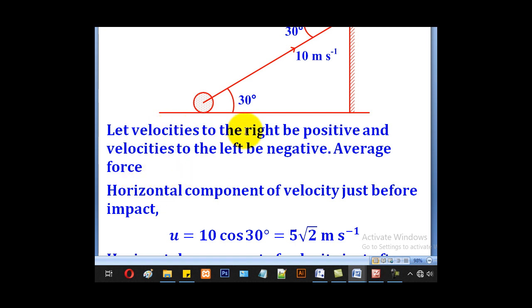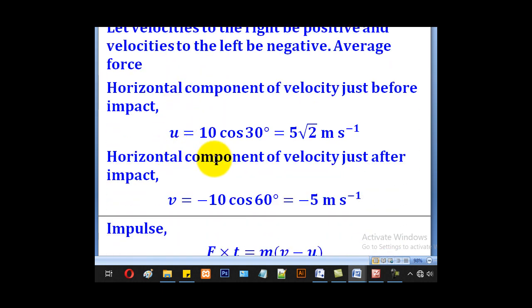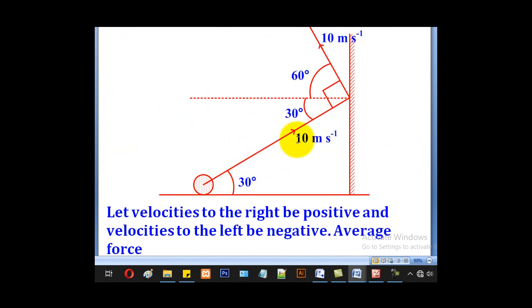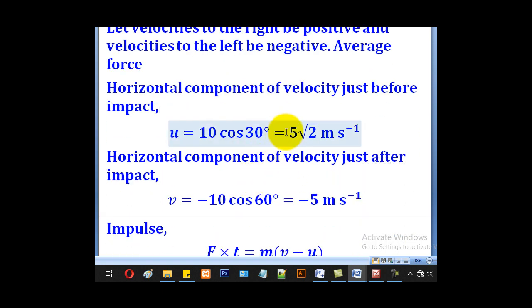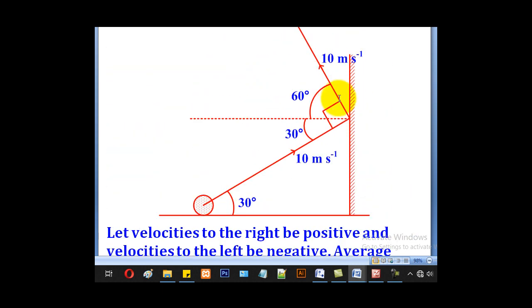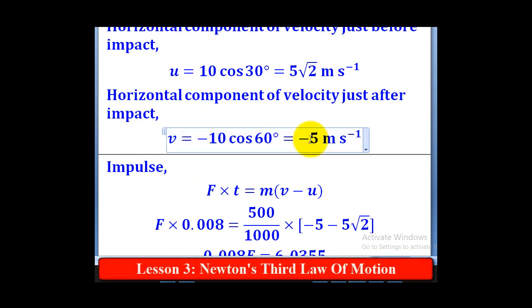So velocities to the right will be positive and those to the left will be negative. Therefore, we shall now consider the horizontal components. So the horizontal component for velocity just before impact is this, which is 10 cos 30, and it's given by 5√3 meters per second. The horizontal component of velocity just after impact is this one. So it will be going to the left, meaning it will have a negative sign. So it will be 10 cos 60, which gives us negative 5 meters per second.